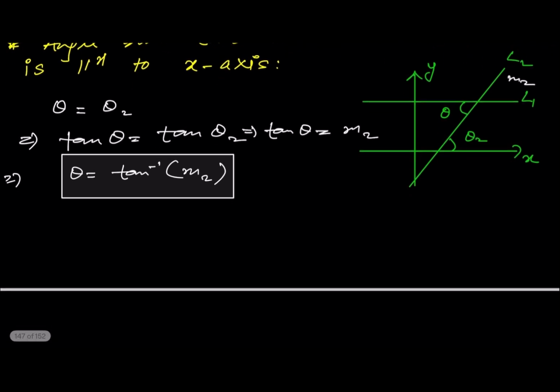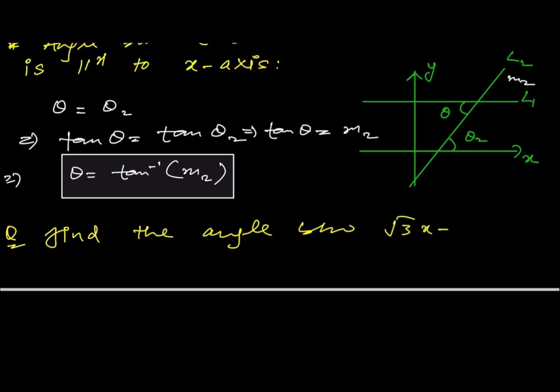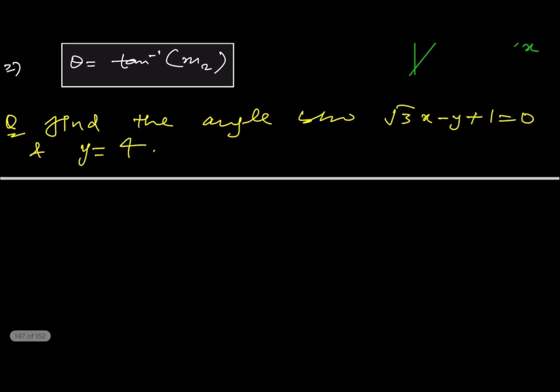For example, find the angle between root 3 x minus y plus 1 is equal to 0 and y is equal to 4, right? We all know very well y is equal to 4 is a line parallel to the x-axis, and the other line is inclined with some angle.